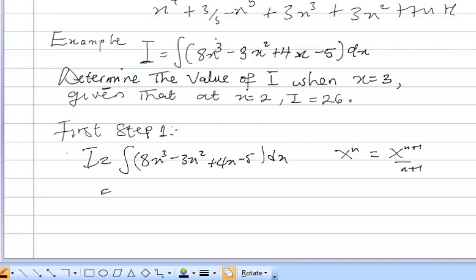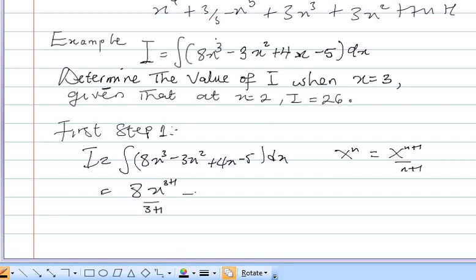So we have x raised to the power of 4 over 4, that's 3 plus 1 all over 3 plus 1.